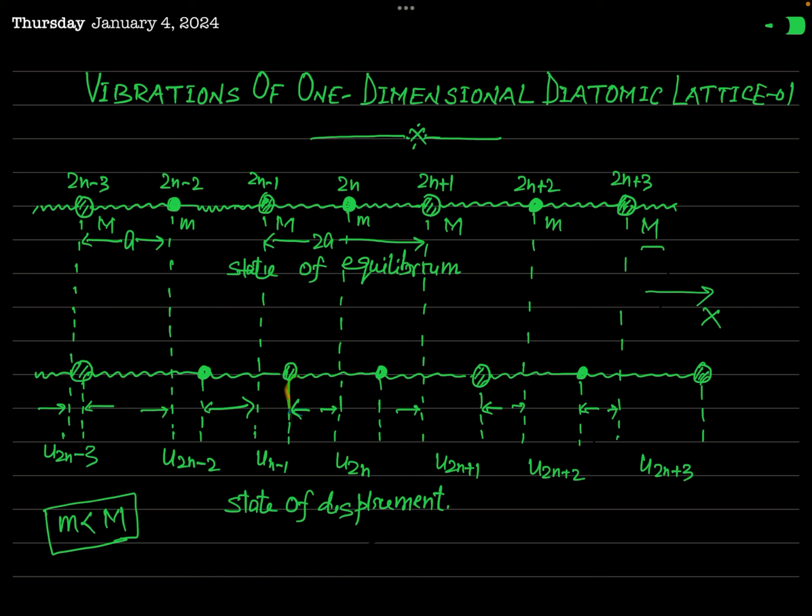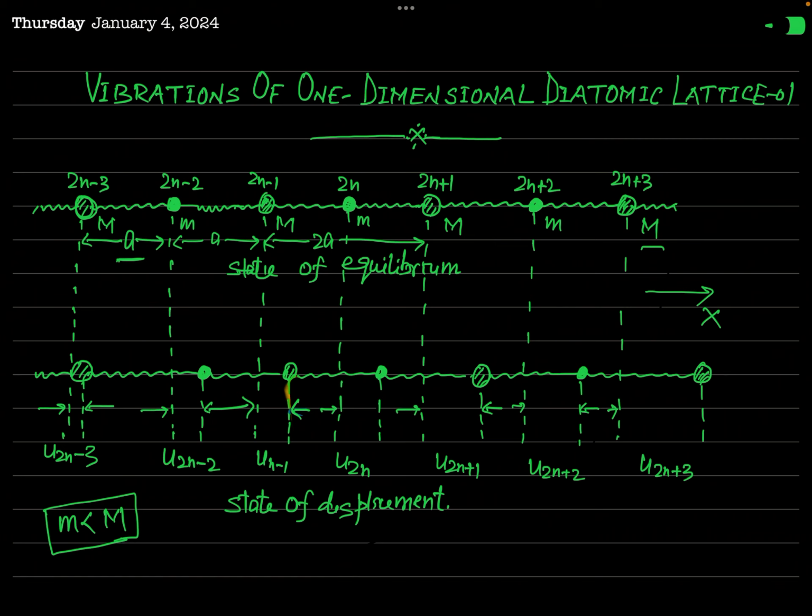As I have shown in this figure, the interatomic separation of this lattice is small a. It means the distance between two consecutive atoms, let us say 2n minus 3 and 2n minus 2, is a. In a similar manner, the distance between any two successive atoms is a, and so the repeat distance will be 2a.